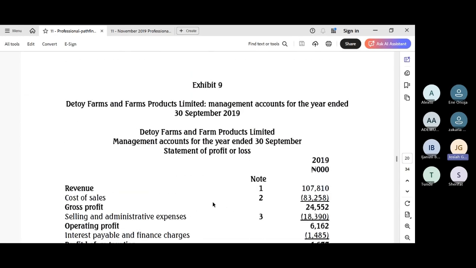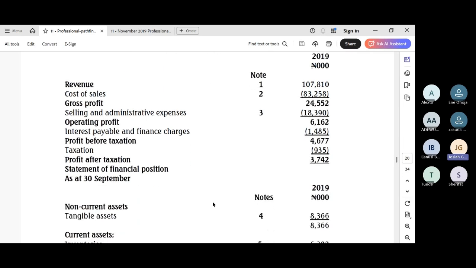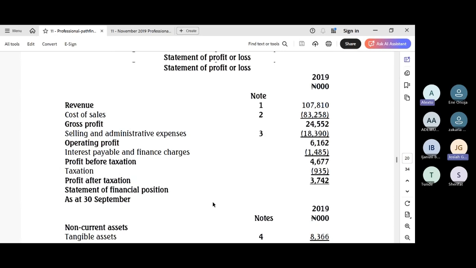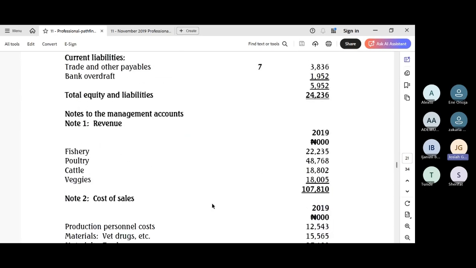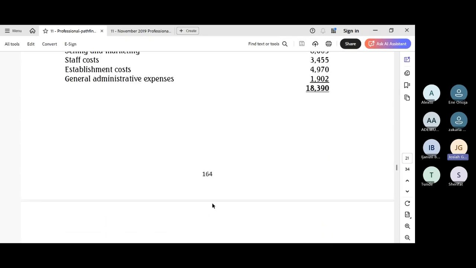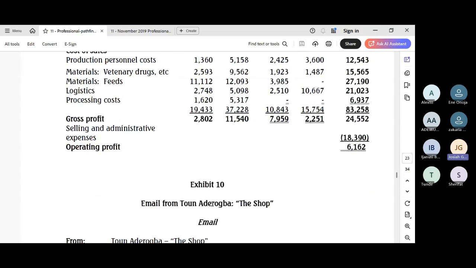Then Exhibit 9 is financial information for 2019. So we have 2018 and 2017 presented to us in the pre-seen, and 2019 is presented in the unseen. So we have details of everything here, including the management accounts, the SFP, and the detailed revenue streams.